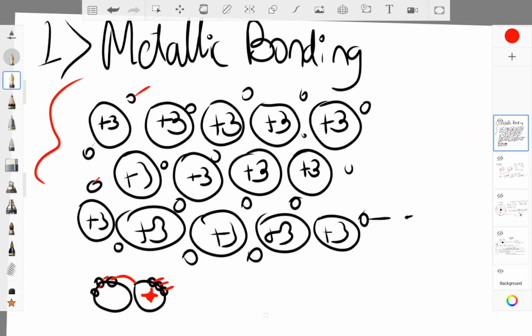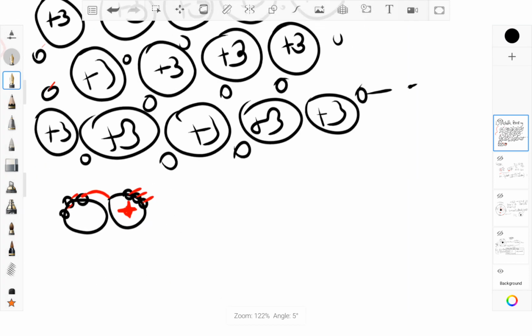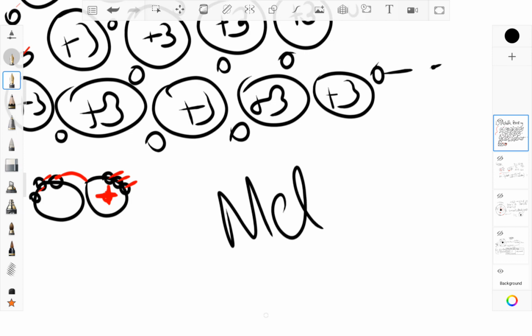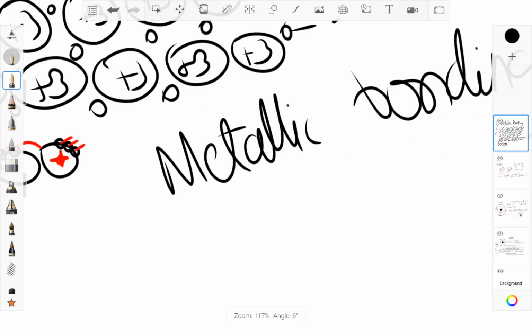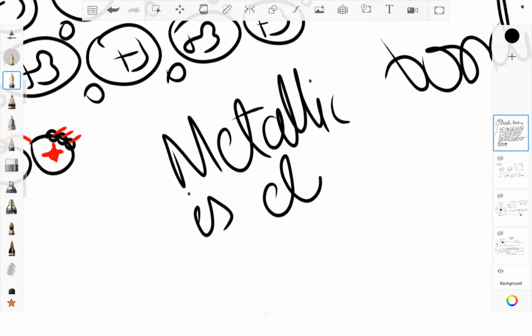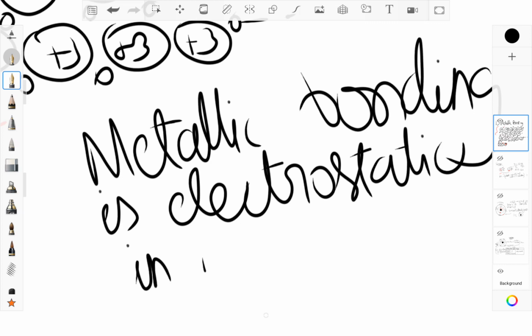Another important thing I should mention is that metallic bonding is electrostatic in nature. I'll explain what this means in a second. So static in nature.